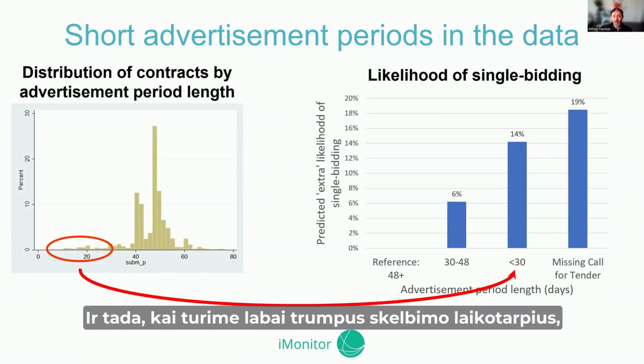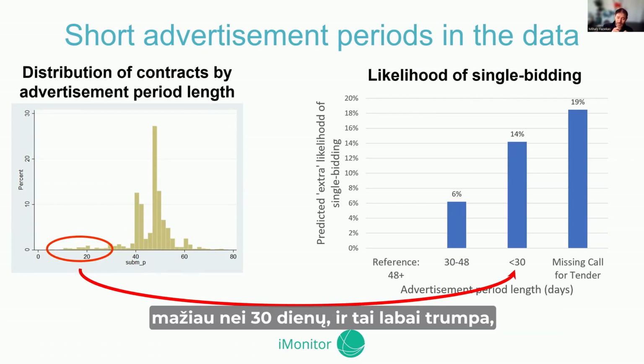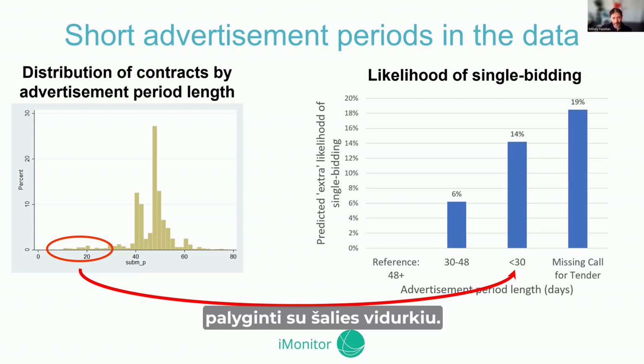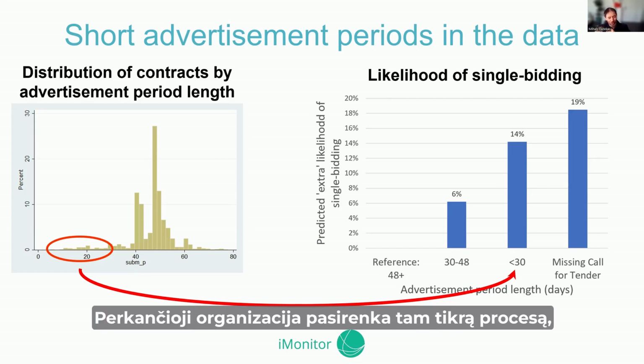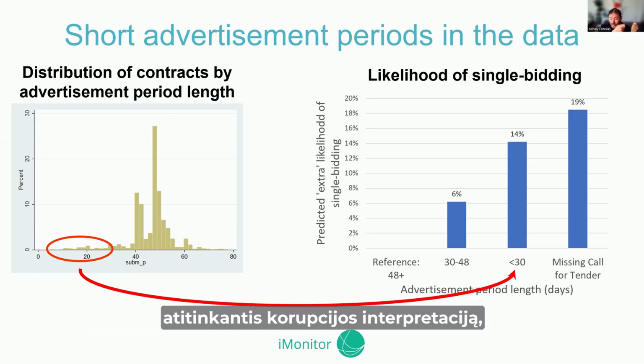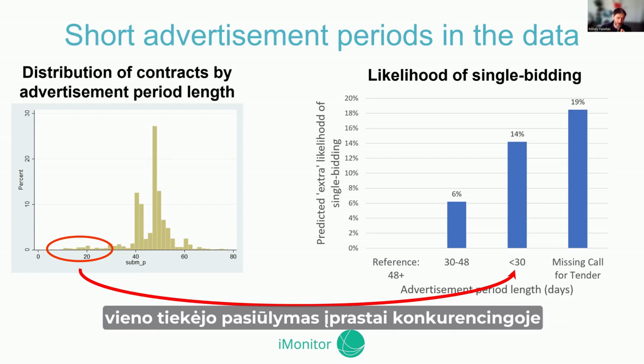And then when we have very short advertisements, so less than 30 days, and it's very short because it's high-value contracts like building highways and such, then single bidding rate really jumps to 40% compared to the national reference. Okay, so this is again the same logic. You have some process choice made by the buyer, how long to advertise, and an output of the process consistent with a corrupt interpretation, single bidding on an otherwise competitive market.